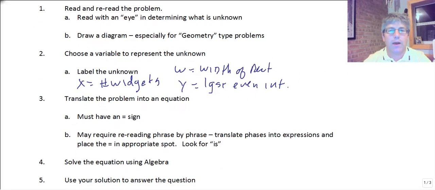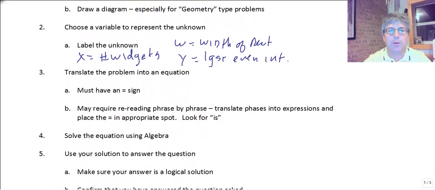Then we will want to translate the problem into an equation. So again, you might have to break the problem down, reread it, break it into phrases, and translate those phrases into algebraic expressions, and then eventually get an algebraic equation by connecting those expressions with an equal sign.